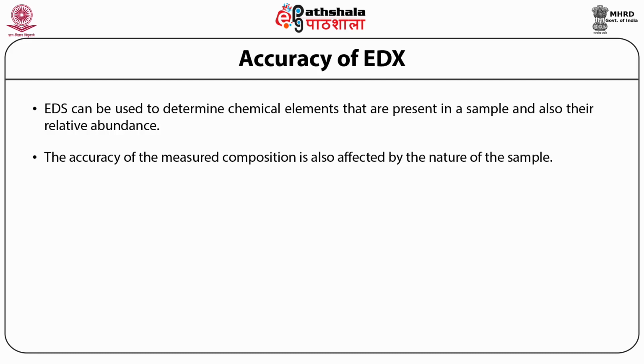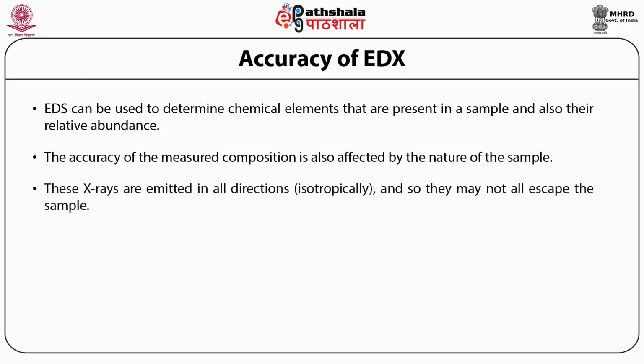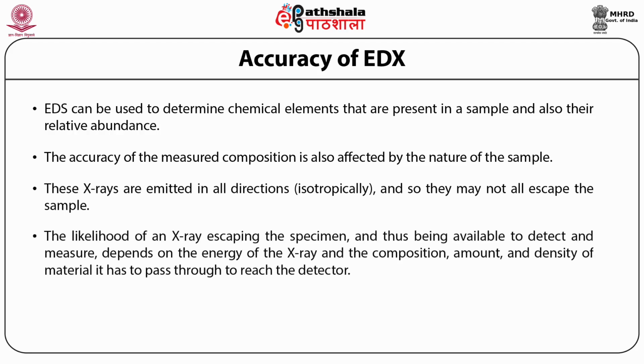X-rays are generated by an atom in the sample that is sufficiently excited by the incoming beam. These X-rays are emitted in all directions. This emission is isotropic in nature, and so they may not all escape the sample. The likelihood of an X-ray escaping the specimen and thus being available to detect and measure depends on the energy of the X-rays and the composition, amount and density of the material it has to pass through to reach the detector.